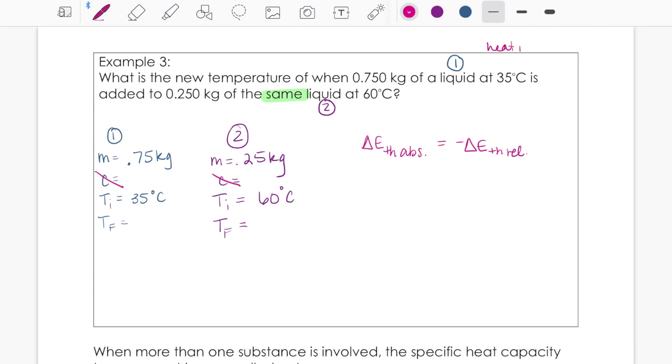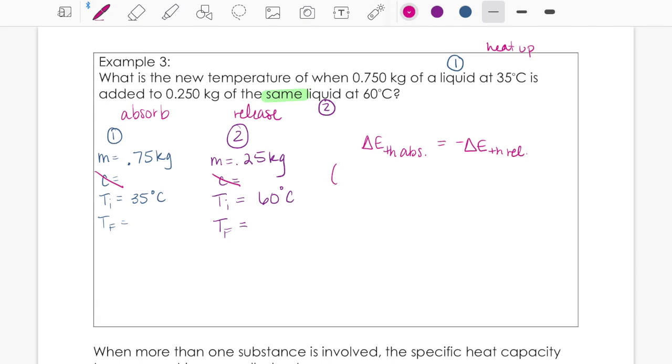Okay, so liquid 1 is going to heat up, so it's going to absorb the energy, whereas liquid 2 is going to cool down, so it's releasing energy. So liquid 1 is going to be my absorb. Liquid 2 is going to be my release.